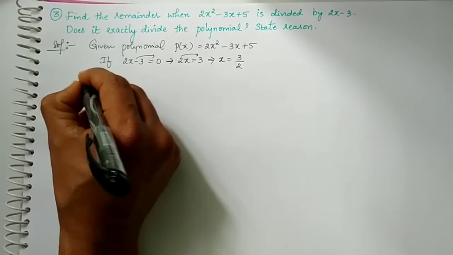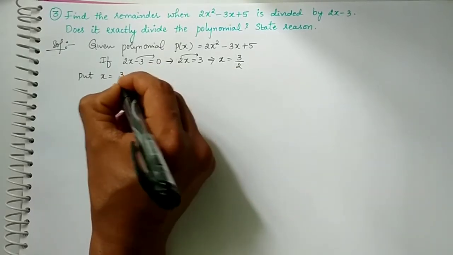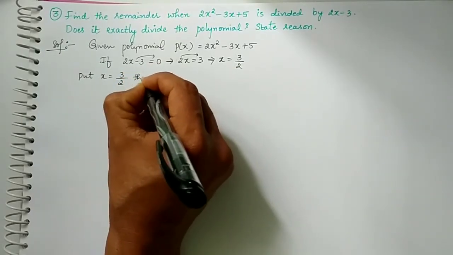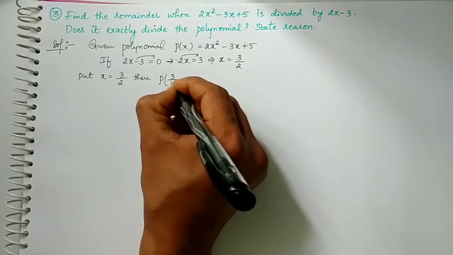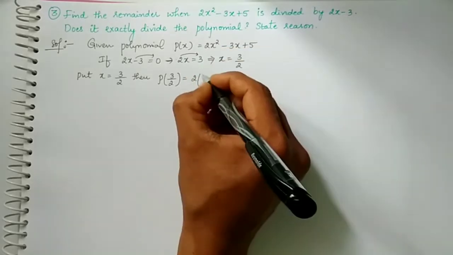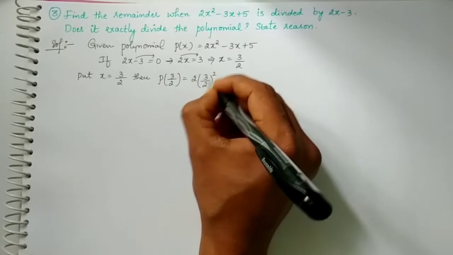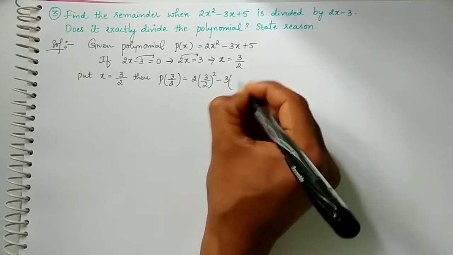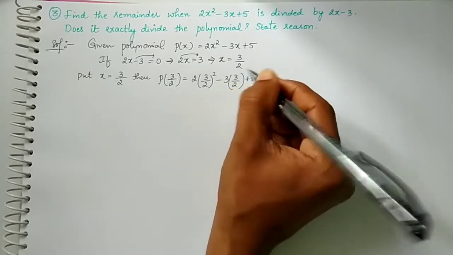Now put x equals 3 by 2, then p of 3 by 2 equals 2 into (3 by 2) squared minus 3 into the value of x, 3 by 2, plus 5.